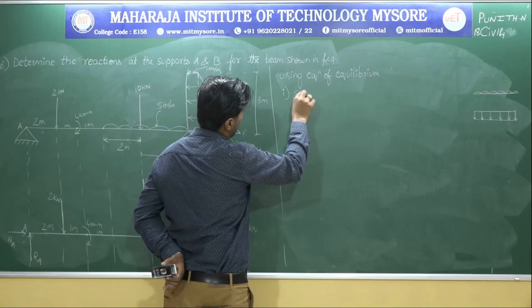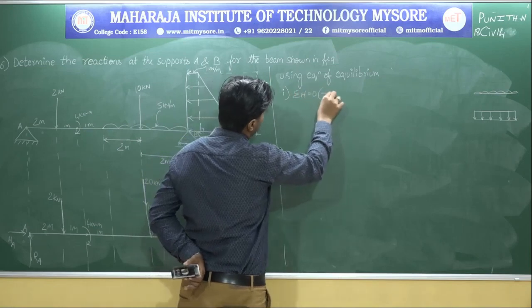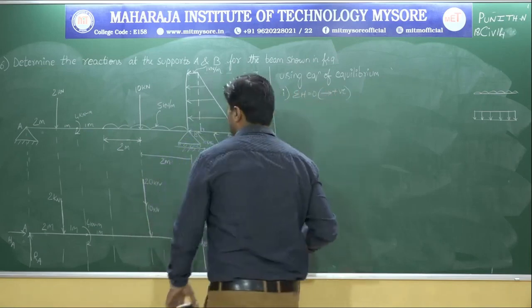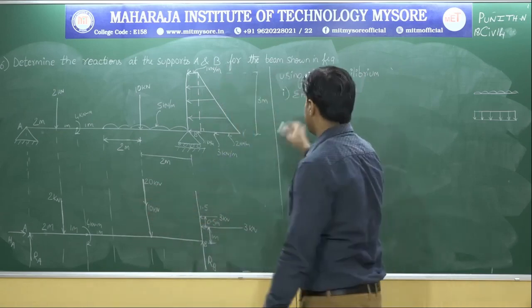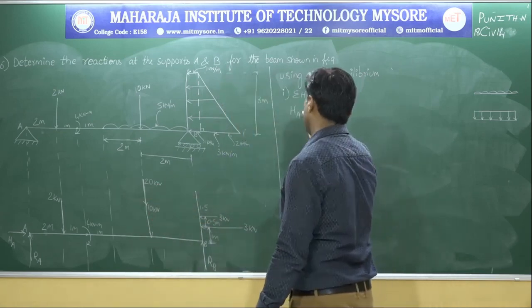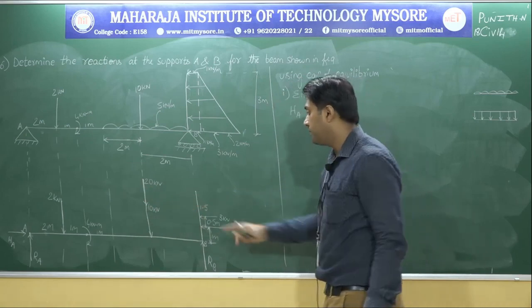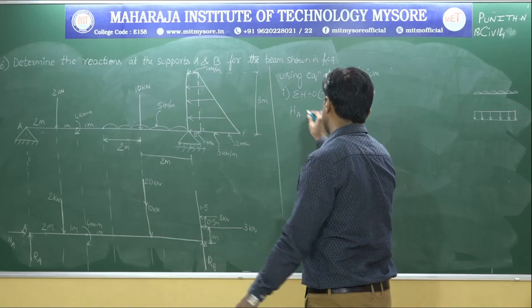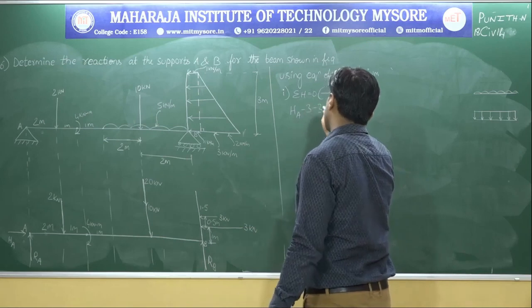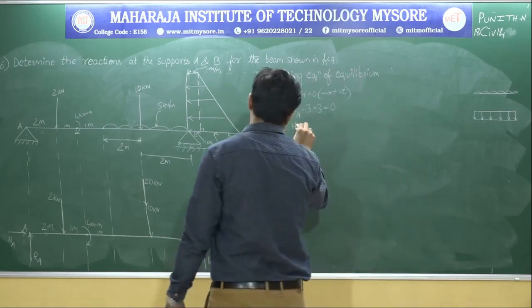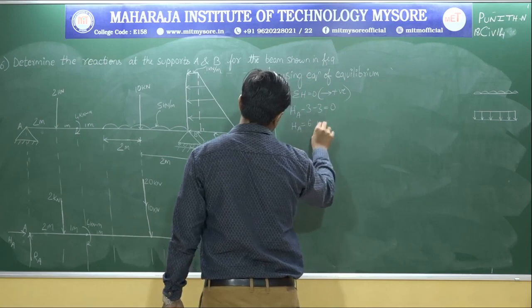Sigma H is equal to 0, rightward direction positive. So how many forces are we having? HA, which is acting in rightward direction, so positive. Next, please remember, there is one 3 kilonewton leftward and one more 3 kilonewton, so minus 3 is equal to 0. So don't you think that HA is equal to 6 kilonewton?